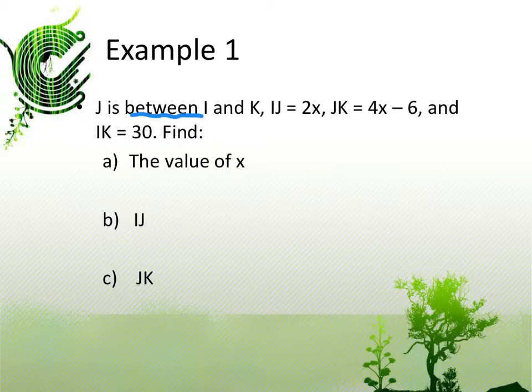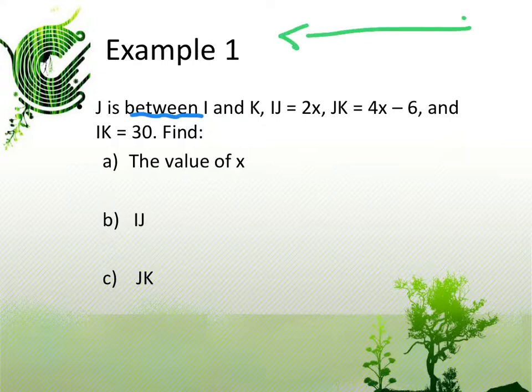Okay, so here are some examples. Now, the one I gave you was really basic. They may end up giving you just numbers, but they also may give you expressions for the value of that segment. So let's go ahead and draw a picture. Again, notice we've got the word between, so we're good to go on this segment addition postulate.